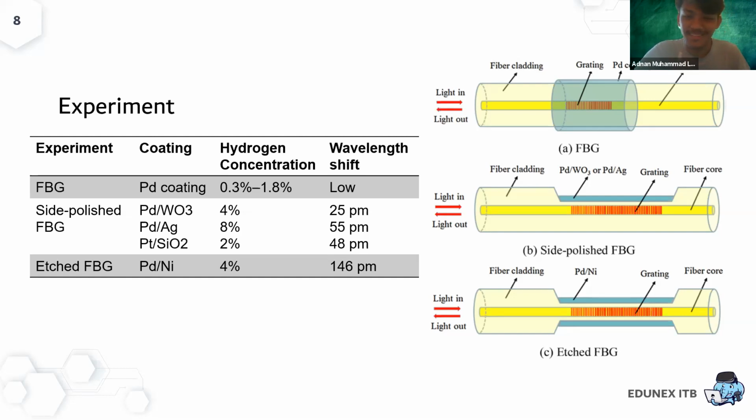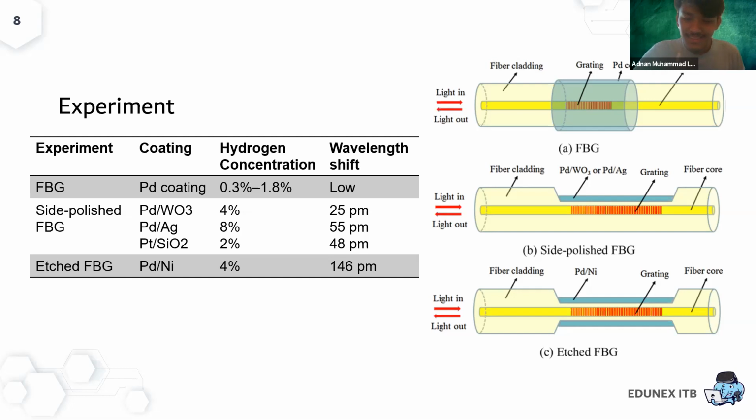That's why the concentration is so little, because that's what we want: as little hydrogen concentration as possible, but with the most efficiency. I think that's all I can explain.